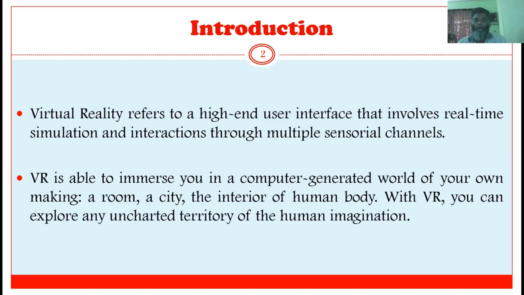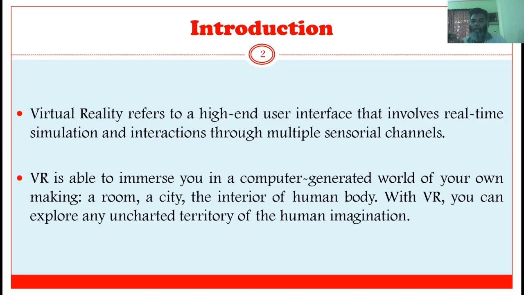Currently, standard virtual reality systems use either virtual reality headsets or multi-projected environments to generate realistic images and other sensations that simulate a user's physical presence in a virtual environment. A person using virtual reality equipment is able to look around the artificial world, move around in it, and interact with the virtual features or items.